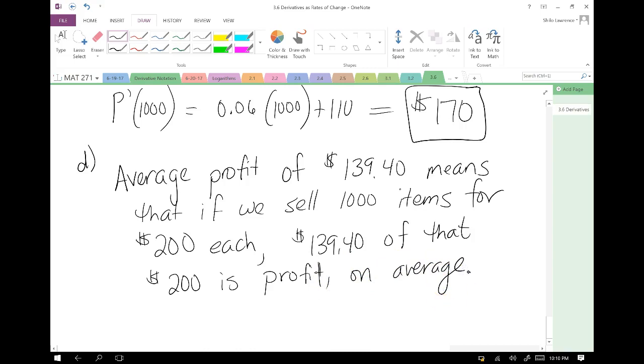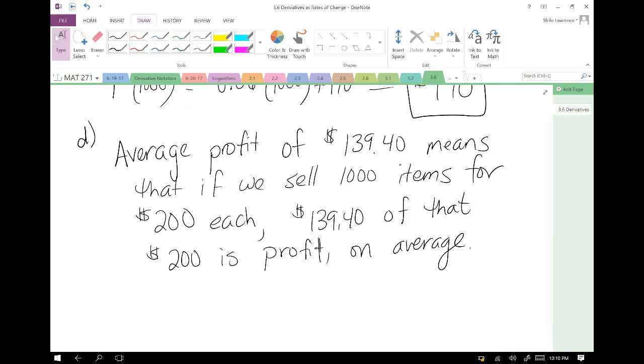Now, if we sold fewer items or more items, that number might change because of fixed costs. So the more items you sell, the farther out we can spread the fixed costs usually, and the more profit we can make. Fixed costs, if you haven't taken an economics class, are things like rent. You've got to pay rent for your facilities, whether you produce something or not.